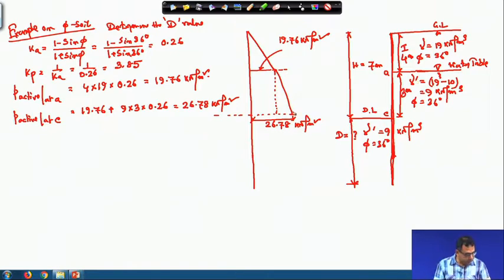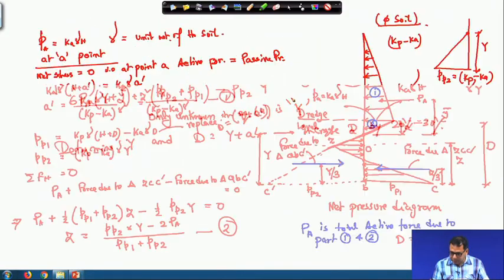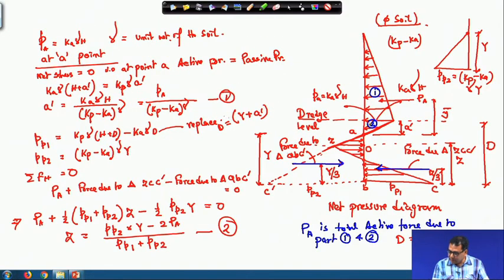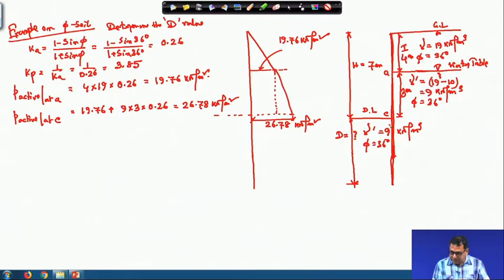This value is basically the Pa at the dredge level, so my Pa value here is equal to 26.78 kilonewton per meter square.